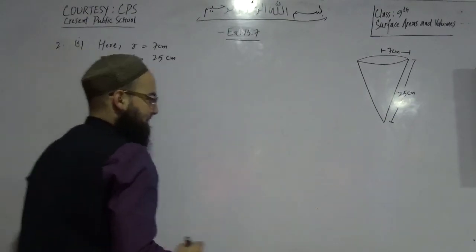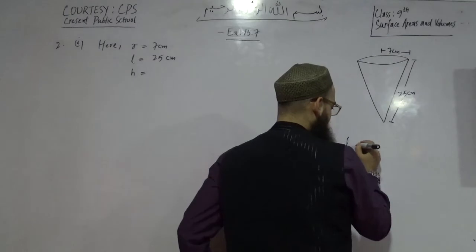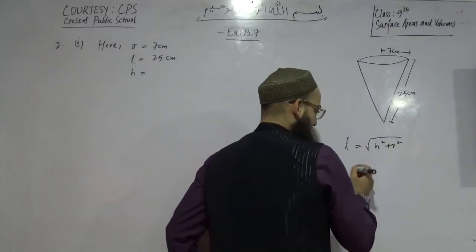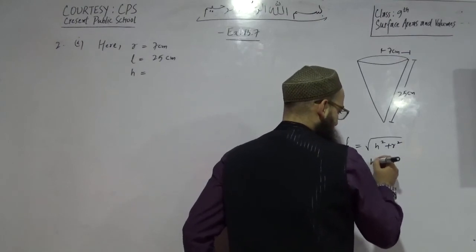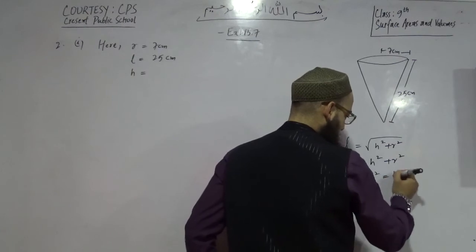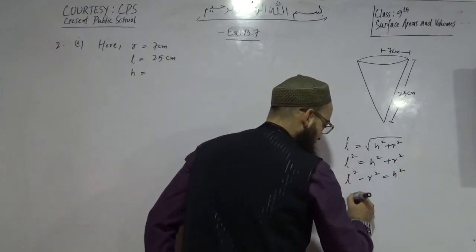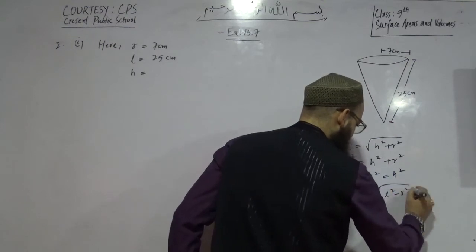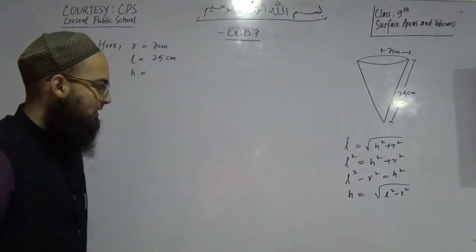You know the formula. L is equal to square root of h square plus r square. In that case, L square is equal to h square plus r square. In that case, L square minus r square is equal to h square. So that means h is equal to square root of L square minus r square. Got it?